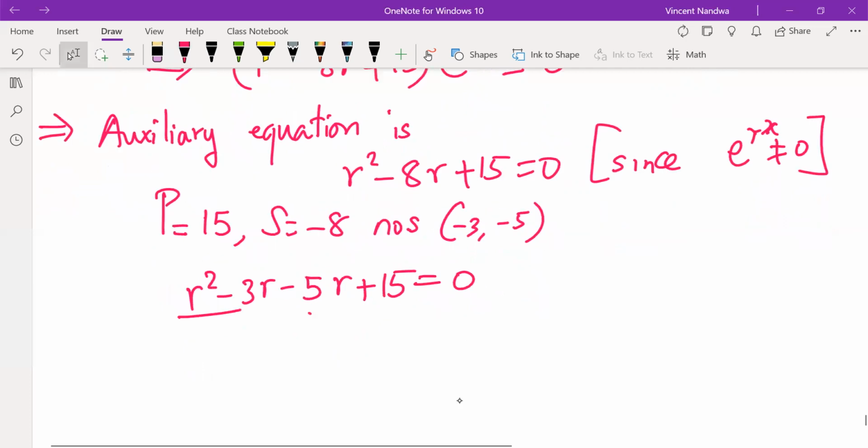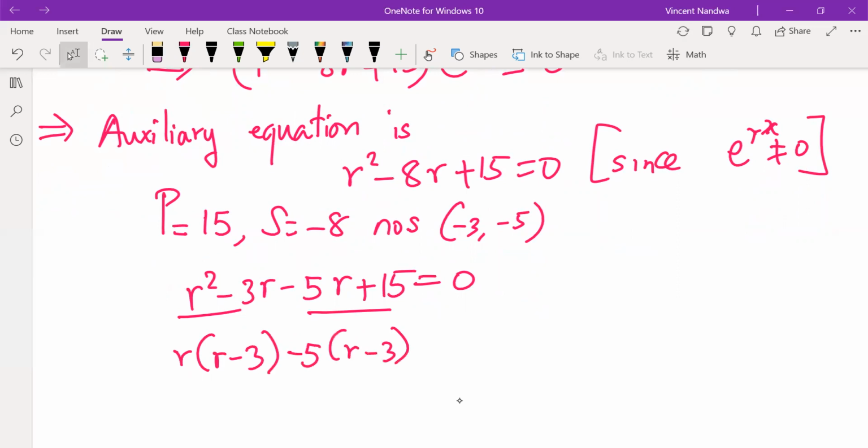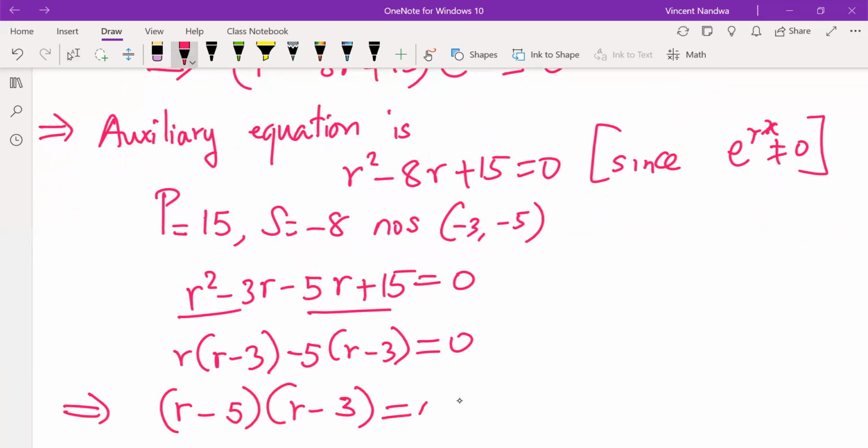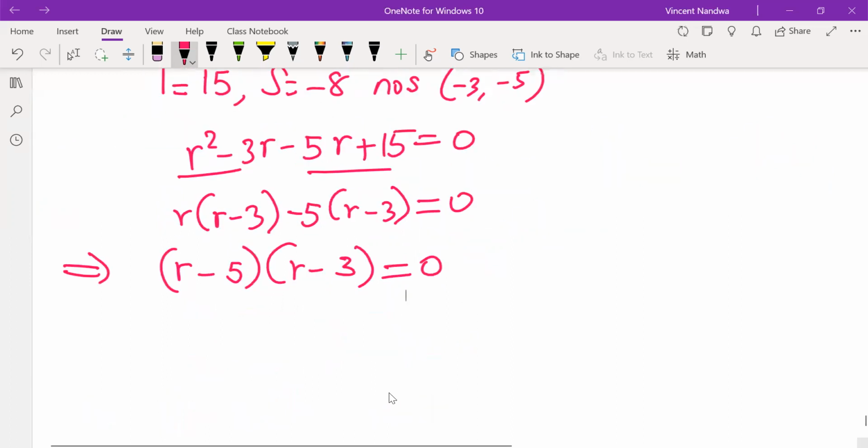This pair, this other pair, common is r in this: r minus 3; common here is minus 5: r minus 3 equals 0. So which means (r minus 5)(r minus 3) are the factors. So therefore, r1 is 5 and r2 is 3.